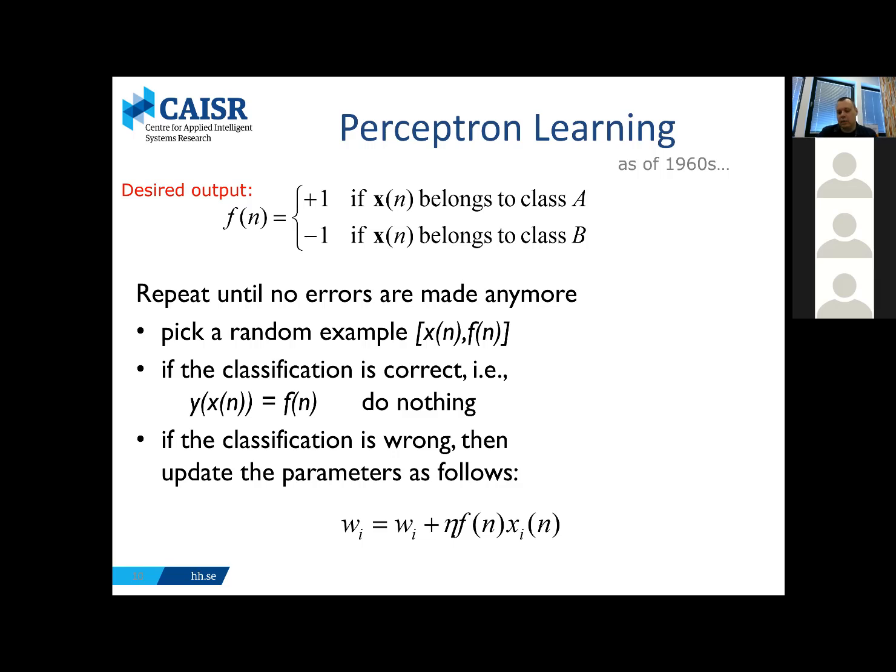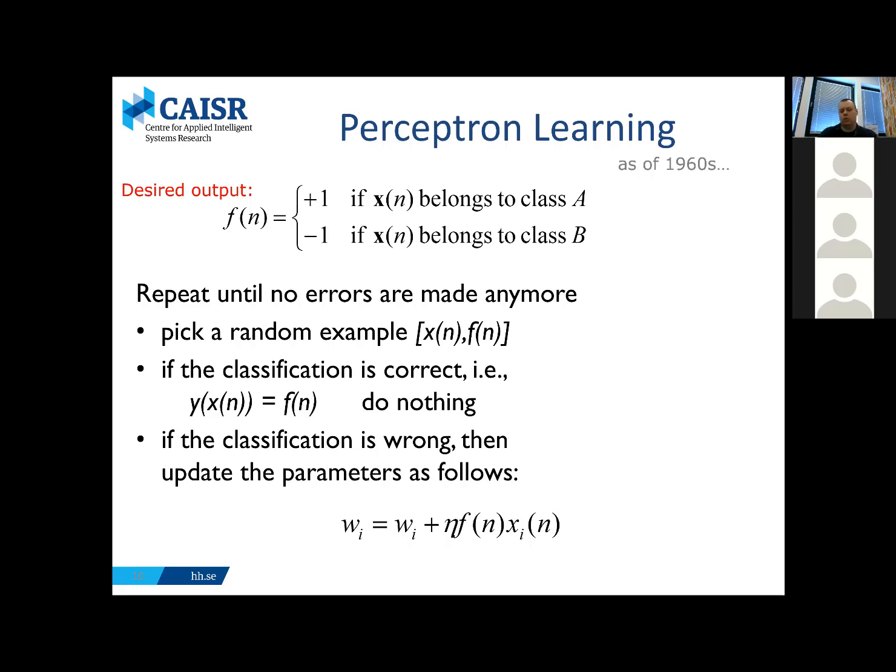The basic idea is that if you have made a mistake in your classification, and your example should get +1 but instead it got -1, you want to lower the weights to make it more likely that this example will give you -1 as an answer later on.